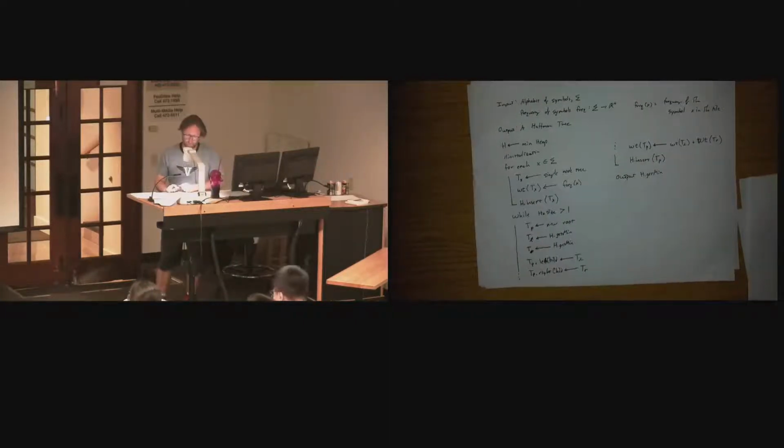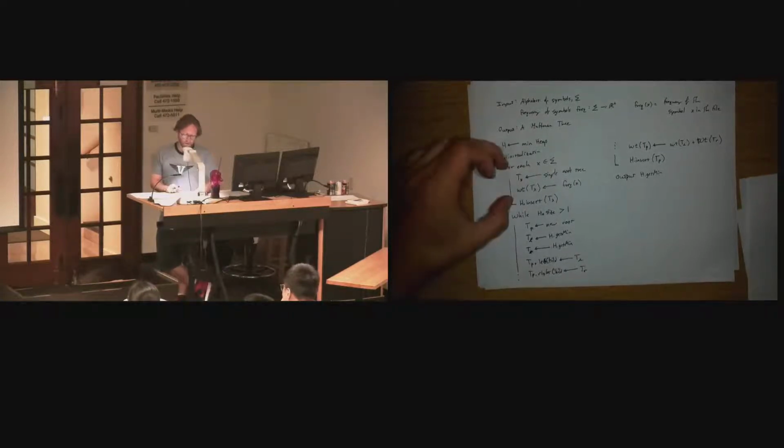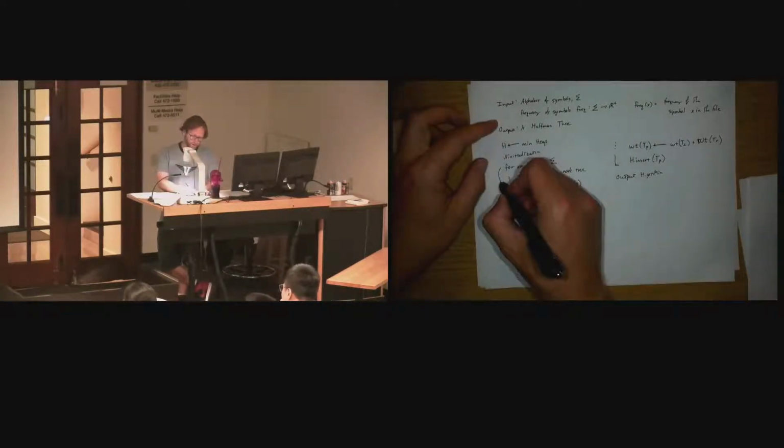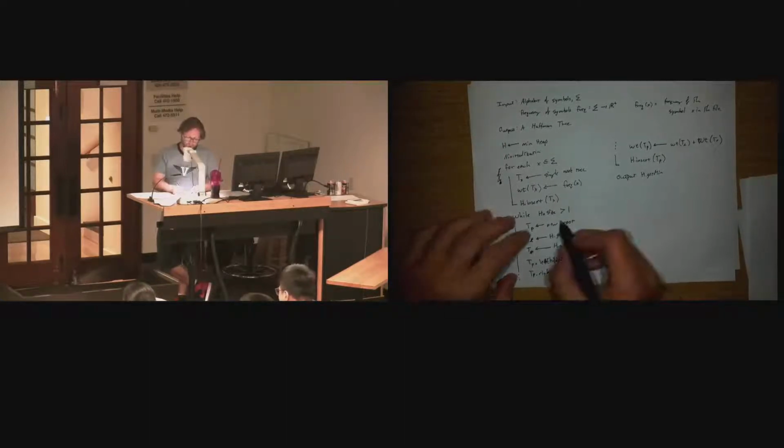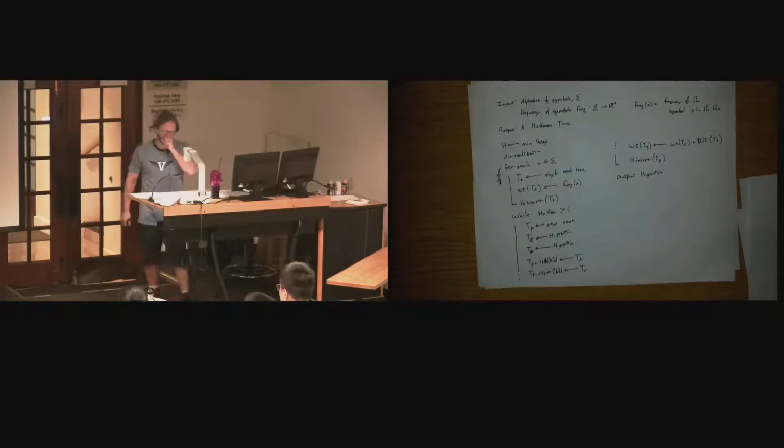Right? Really quick analysis here. So the initialization phase, that's not what's going to be our focus. Our focus is over here. How many times does this while loop execute? N minus 1.